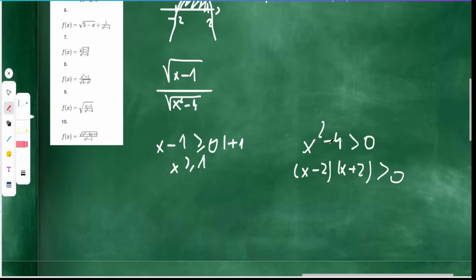We see here that we have a quadratic function, minus 2, 2. In front, as they say, there is one. So the quadratic function is smiling. We are looking for numbers that are greater than 0. So these are these numbers.